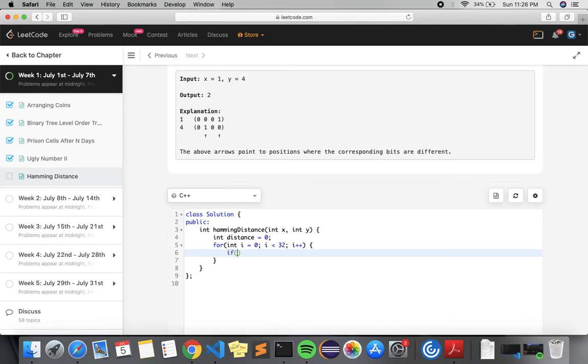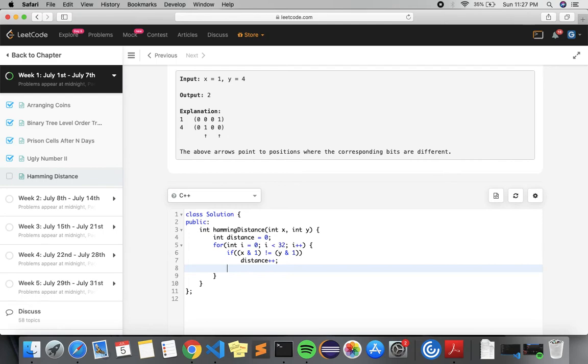If x AND 1 is not equal to y AND 1, then with this we are extracting the last bit, that is 1 for x and 0 for y. If they are not equal, then we just increment our distance.